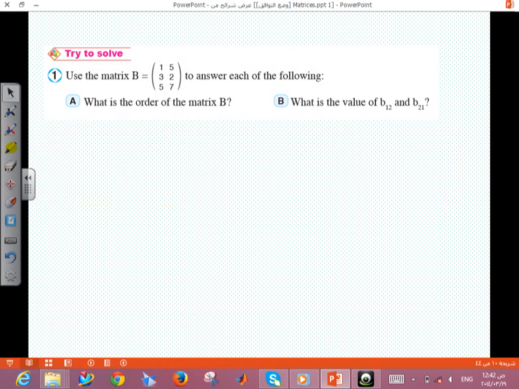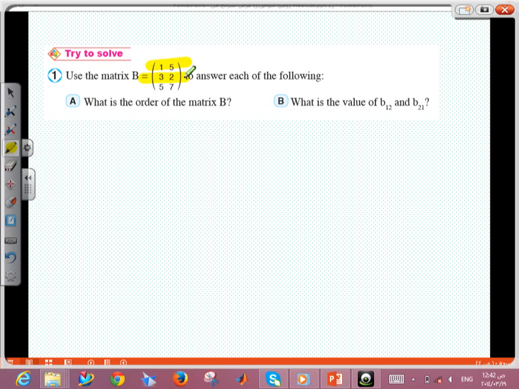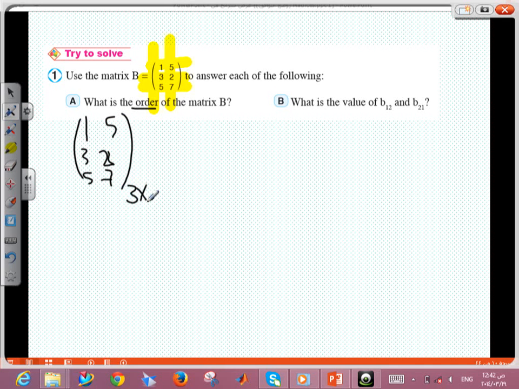And so, use the matrix P with entries 1, 3, 5, 5, 2, 7 to answer each of the following. What is the order of the matrix P? There are 1, 2, 3 rows and 2 columns. In this order, the order will be 3 times 2: 3 rows and 2 columns. What is the value of P12?